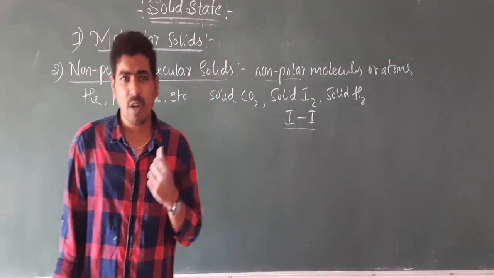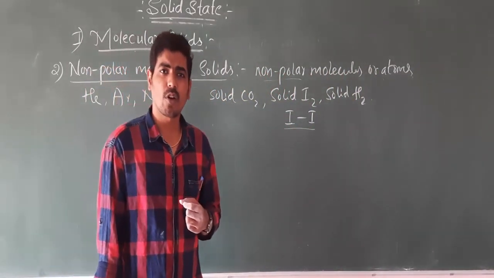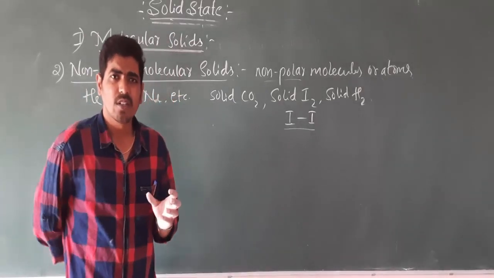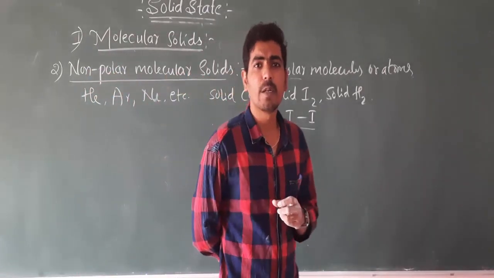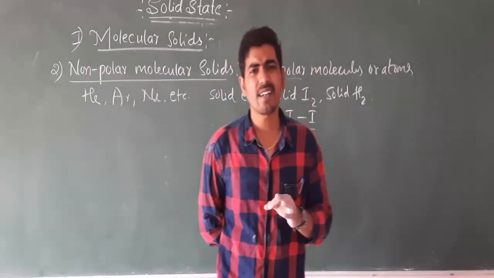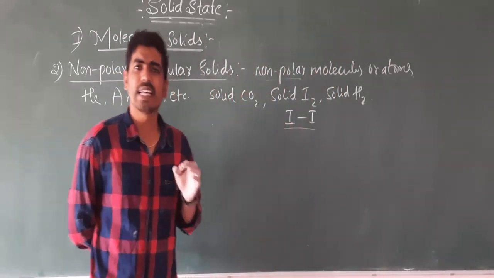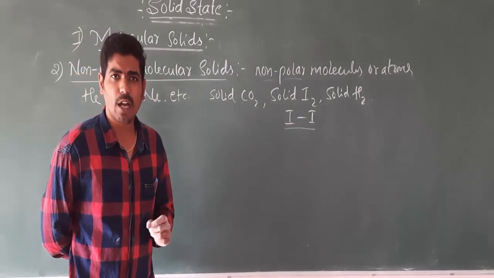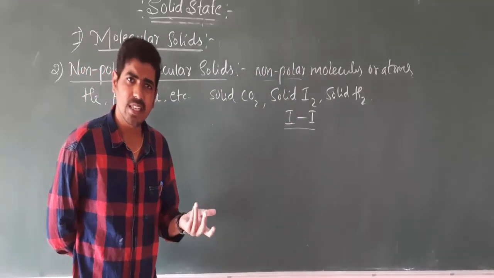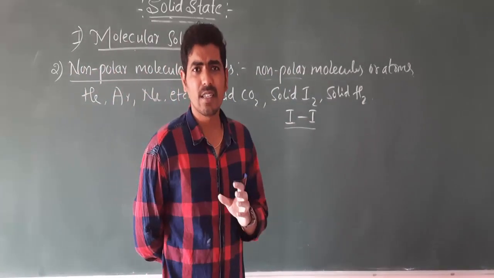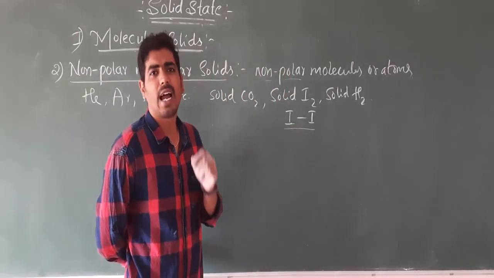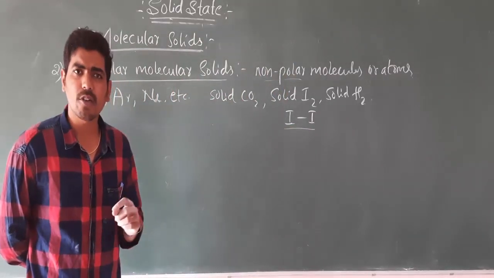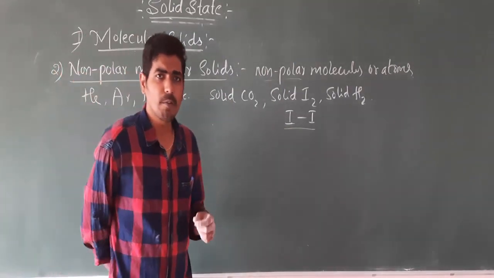And non-polar molecular solids have the same electronegativities and the net dipole moment will be 0. If the net dipole moment is 0, then they are said to be non-polar molecules. If the net dipole moment is not equal to 0, at such a condition, the molecule is said to be a polar molecule.